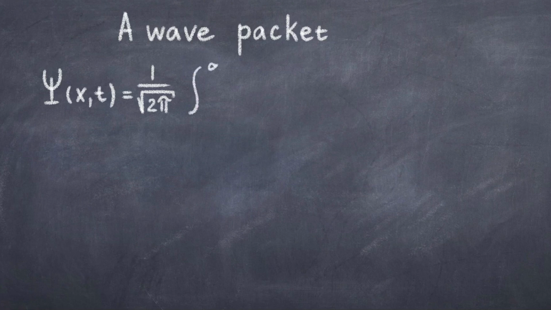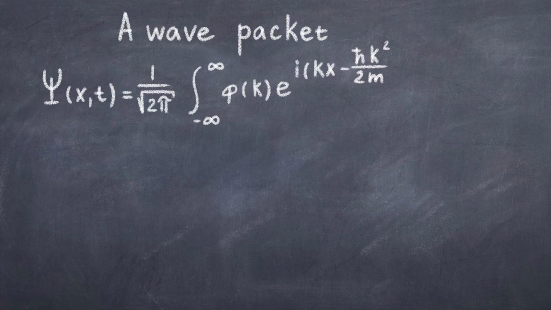The wave function becomes psi of x and t is equal to 1 over square root of 2 pi times the integral from minus infinity to plus infinity of the phi function with respect to k times e to the power of i times (kx minus h bar k squared divided by 2m times t), integrating with respect to k, where we now have this phi function of the wave number. This has the form of an integral, and it is normalizable as we now consider a wave packet.